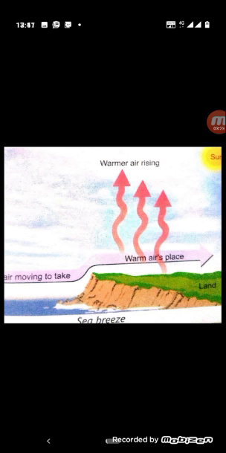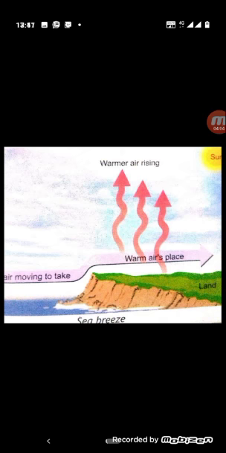During the daytime, the land gets heated up faster, and then it heats up the air above it. As hot air is lighter, it rises up. As the sea water does not get heated up so easily, the air above it is cooled. So, the cool air of the sea occupies the space of the warm air of the land.